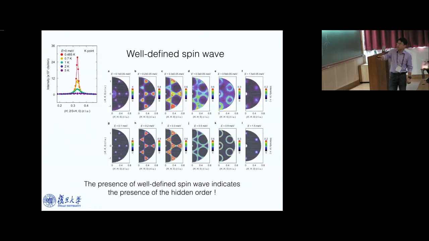If you do an elastic measurement, there is a peak at the K point. The system develops dipolar order, SZ order, at momentum K. The propagation wave vector for the dipolar order is at the K point.